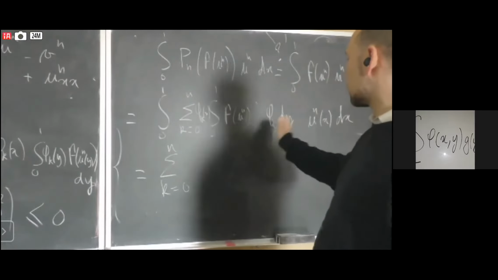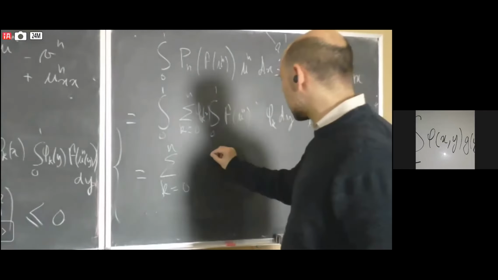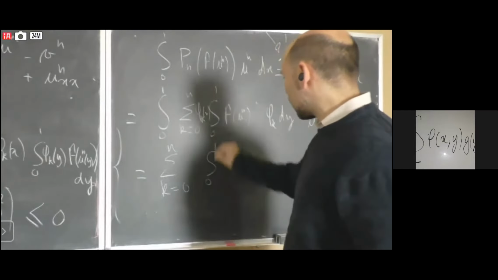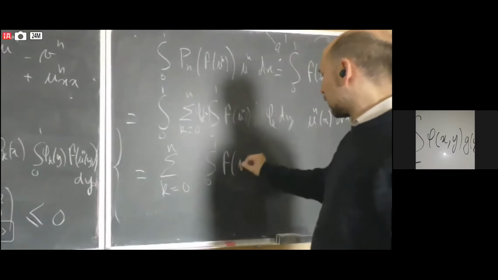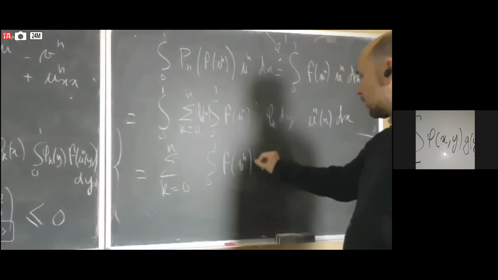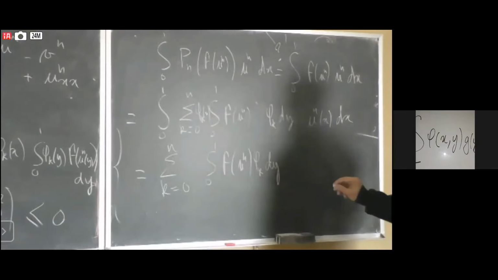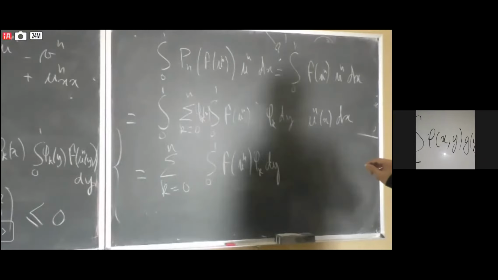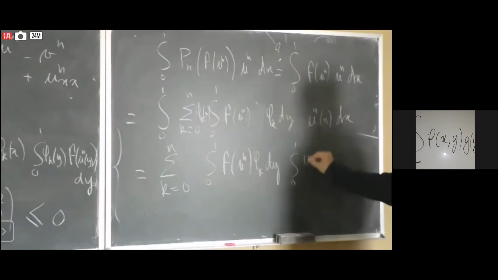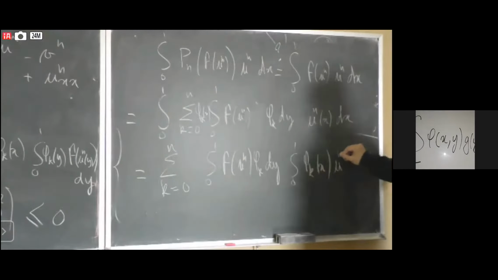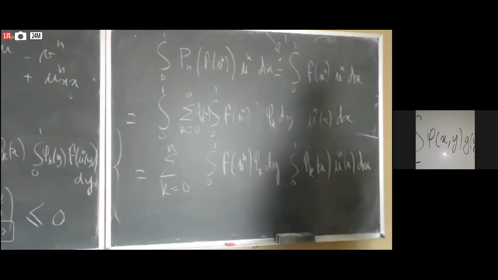I will just make the separation between the y and the x, and I get the integral between 0 and 1 of f of un ck dy and the integral between 0 and 1 of phi k x un x dx.